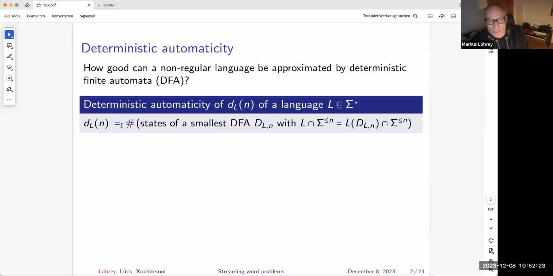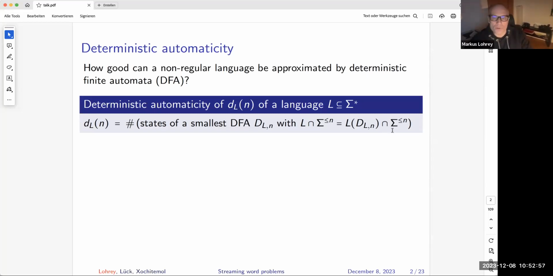D_L(n) is the number of states of a smallest deterministic finite automaton, I call it D_L,n, such that when you take the language L and intersect it with all words of length at most n, this is my notation for the set of all words of length at most n over the alphabet Sigma, this is the same as the language accepted by this automaton, also intersected with all words of length at most n.